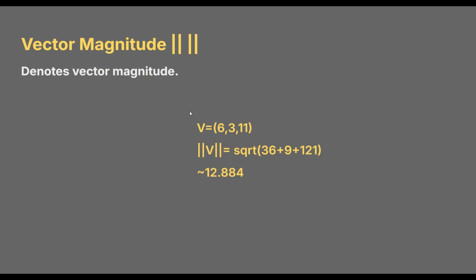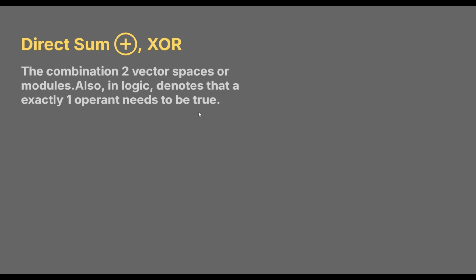Vector magnitude denotes the magnitude of a vector. The direct sum, or XOR in logic, is the combination of two vector spaces or modules. In logic, XOR denotes that exactly one operand has to be true.